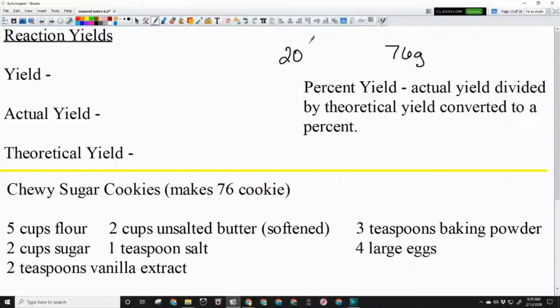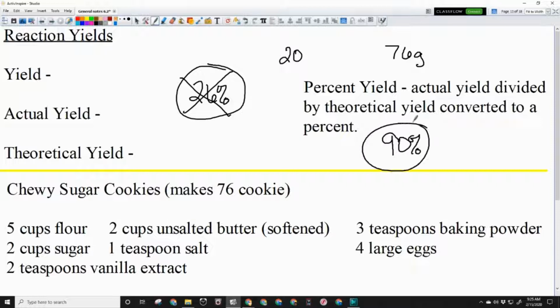That's 26% yield. That is horrible. Something went wrong. You measured something incorrectly somewhere. And so what you would want to do is throw that out and redo the experiment, because that's not very good. So what you're shooting for is 90% or better on your yields.